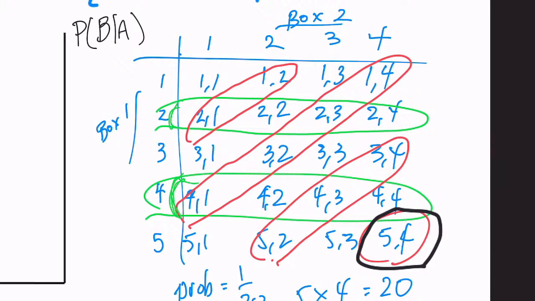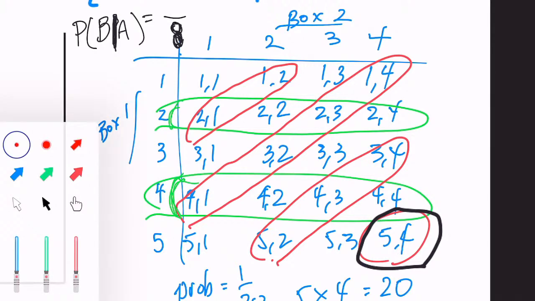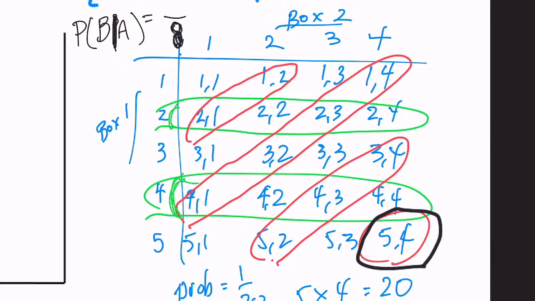Conditional, I'm in A, so I have to make it relative to A. How many outcomes in A? There are 8 outcomes in A, so it has to be out of 8. Out of 8 outcomes, how many times are you in B as well? Four.